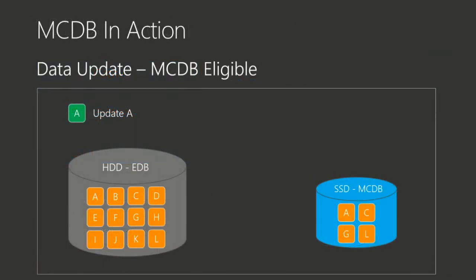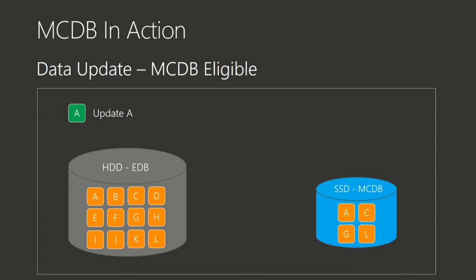So let's look at how MCDB actually works. The first scenario is how do we actually populate an MCDB? If you look at the gray database on the left, that's your primary database. It's got everything, all the data that's in there. And if you look at the SSD, the MCDB part, it only has a subset of what you have in the HDDs.